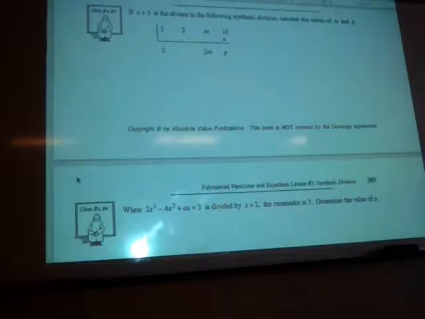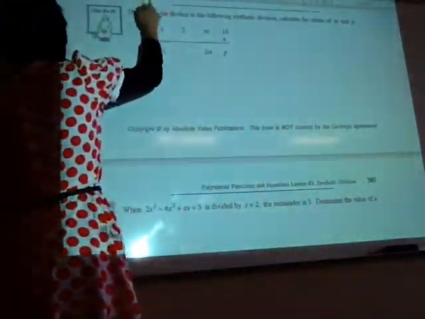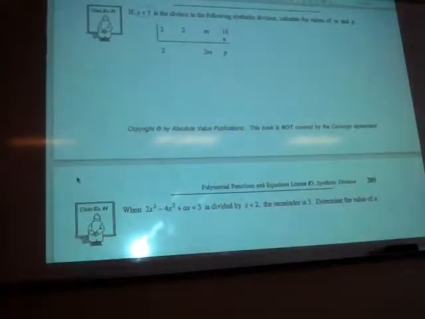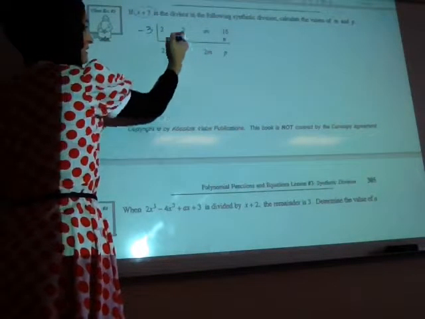Okay, so x plus 3 is our divisor, and using synthetic division, given what they've provided us, we have to solve for m and p. Okay, so if our divisor is x plus 3, what are we putting on the side? Negative 3, good.